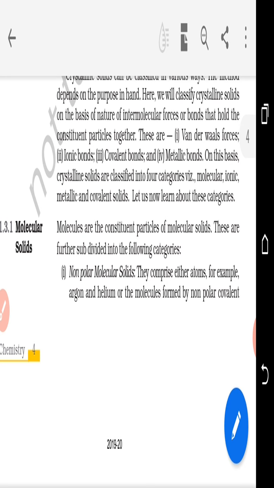In these types of solids, the intermolecular forces of attraction are weak and the constituent particles are molecules.